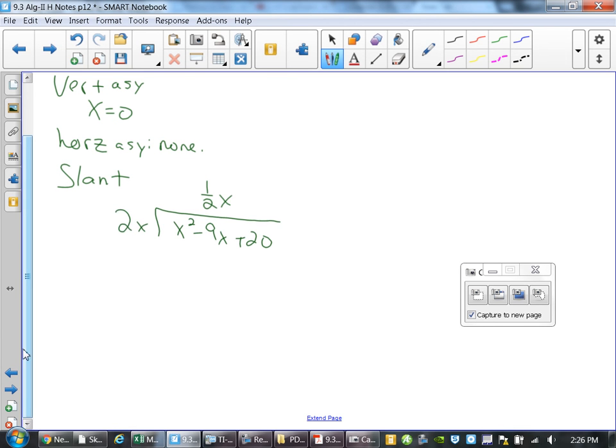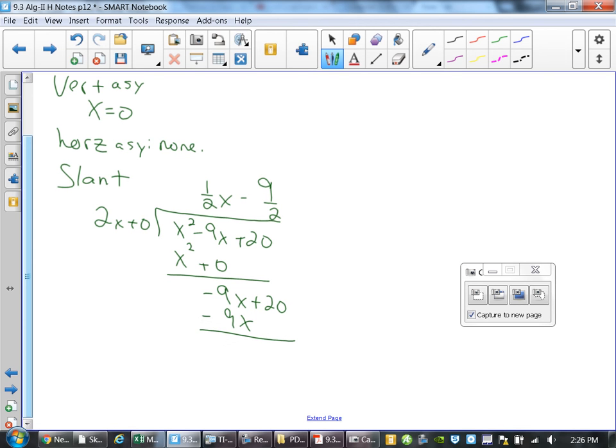I'm going to put in a 2x plus 0. I've got to put my placeholder in on that. So we have x squared minus 0. So I have negative 9x plus 20. How would I turn a 2 into a negative 9? Negative 9 over 2. Very good.